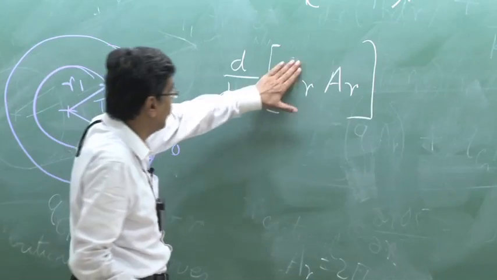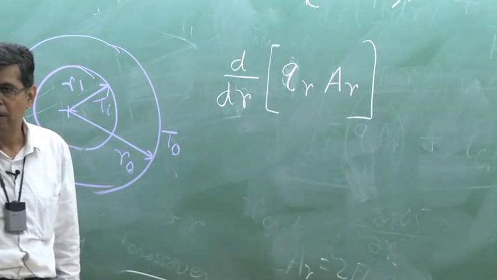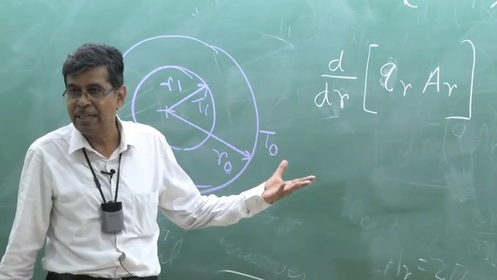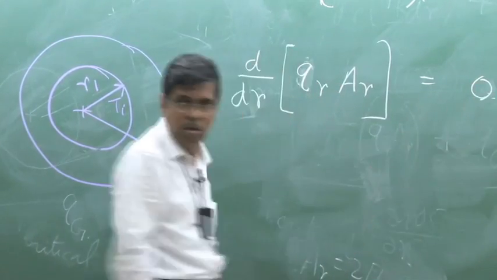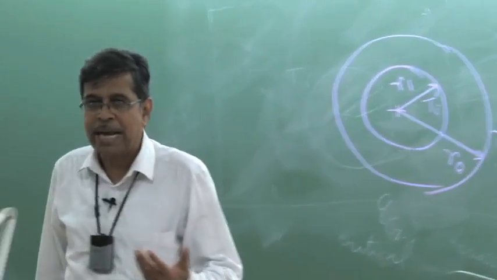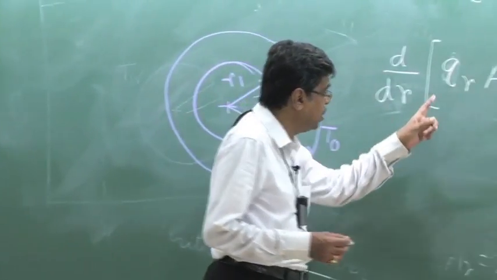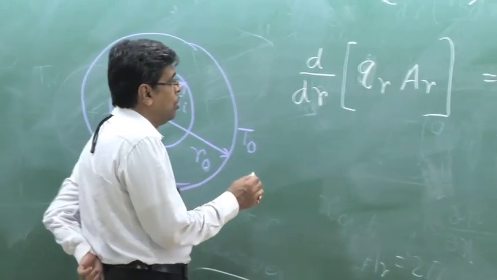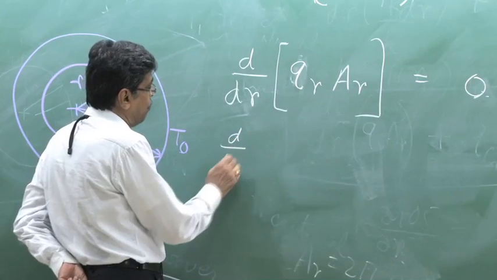Sorry, extremely sorry. d/dr of Q_r A_r is what? There is no generation, so it is 0. I will stop here. I will not go for the temperature distribution. Stopping here means I have to put the temperatures, T1, T2, because they have to be found out.